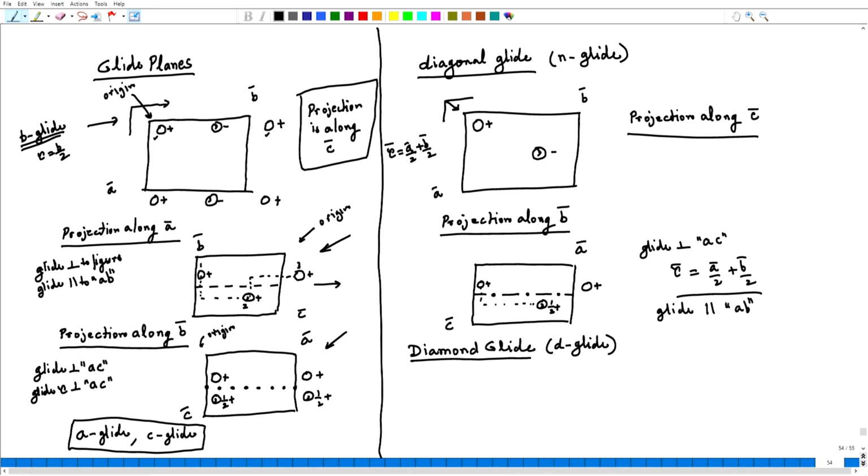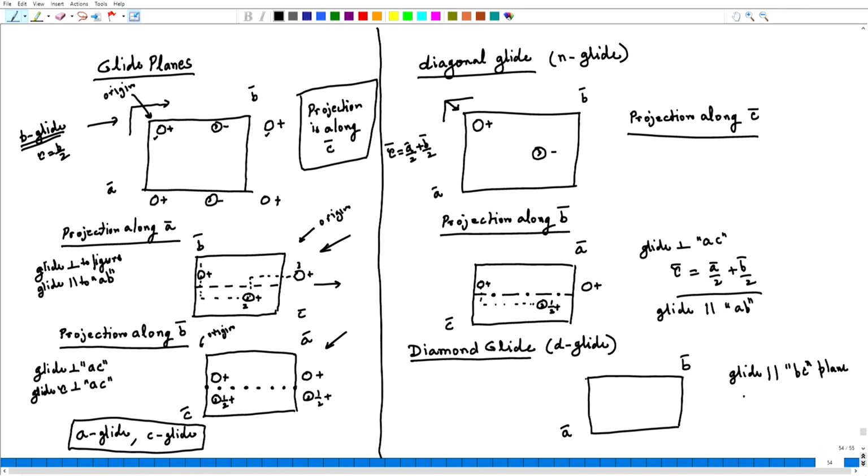So, here, let us say we have the glide plane, this diamond glide, which is parallel to the BC plane, which means this glide is perpendicular to the AB plane.